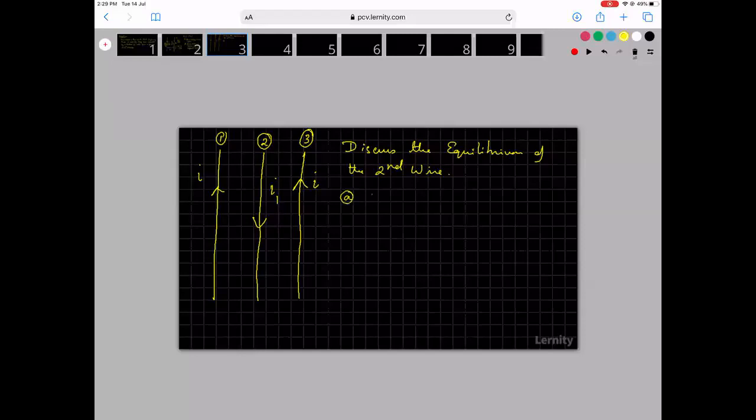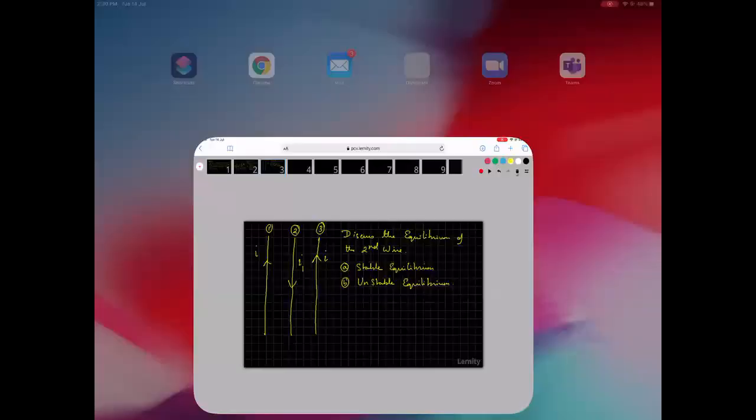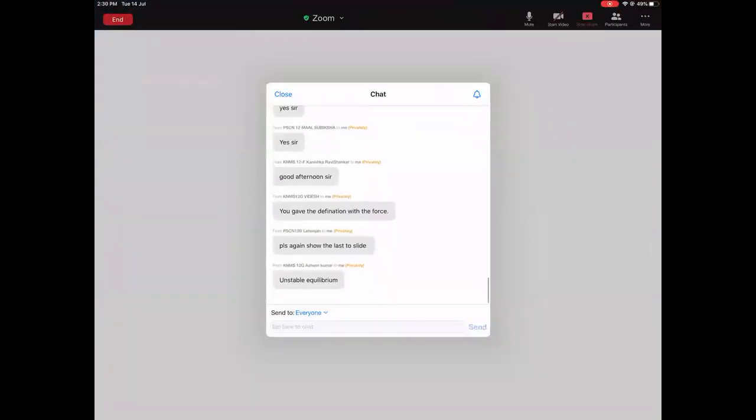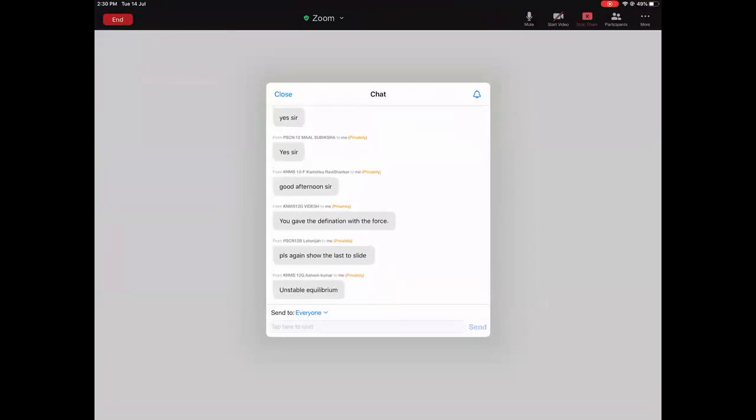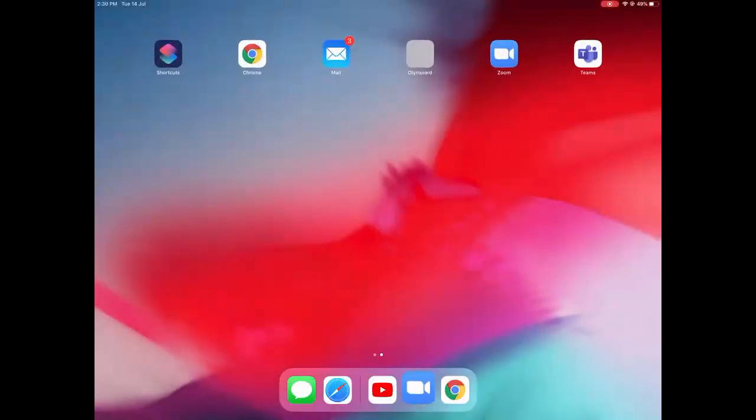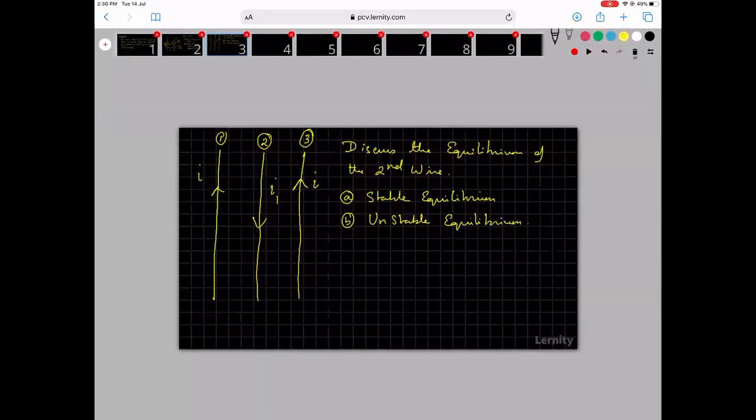Is it option A, stable equilibrium? Is it option B, unstable equilibrium? Yes, Ashwin, how did you say that it is unstable equilibrium?